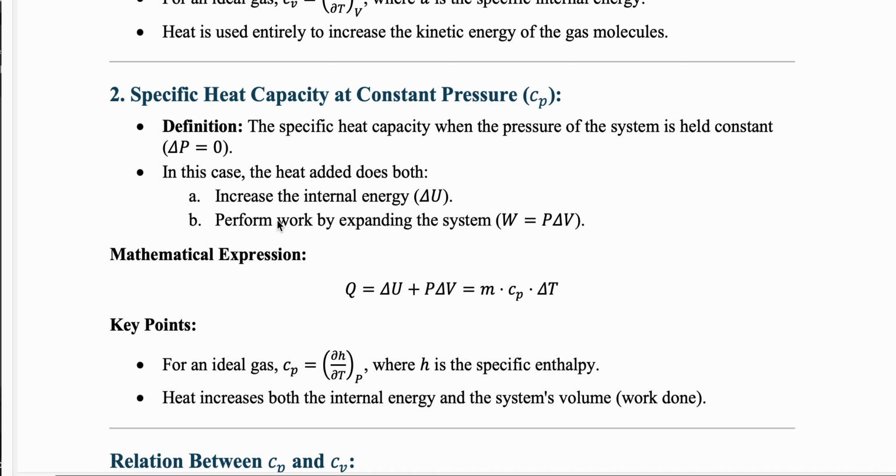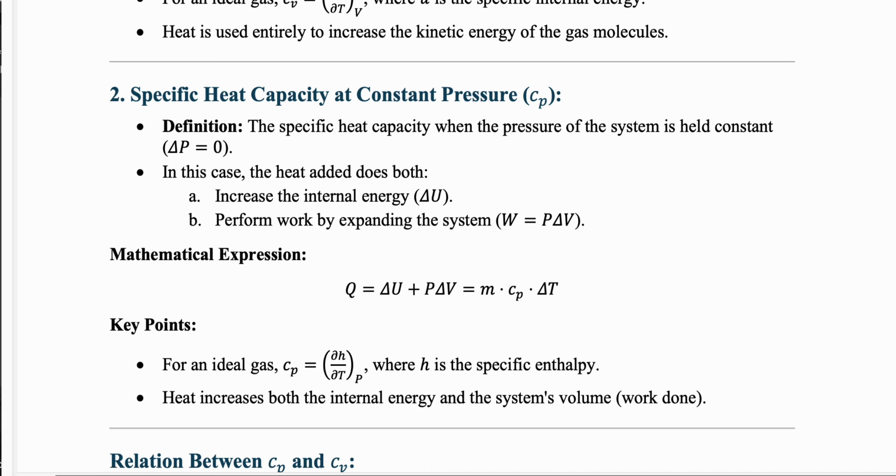Now let's look into the pressure term. Also, we know that there is no change in the first law of thermodynamics. It will be dq is equal to du plus dw, or q is equal to delta u plus p delta v. Okay, so what we are going to do is q is nothing but the specific heat at constant pressure.